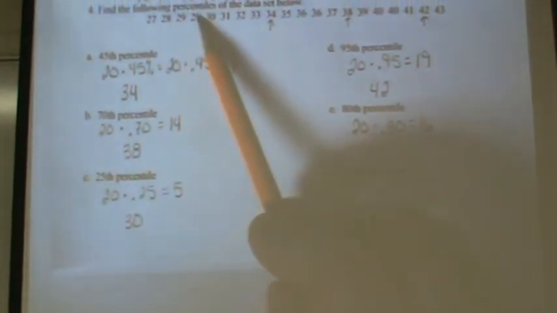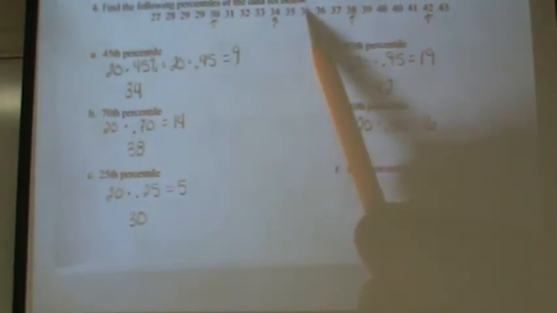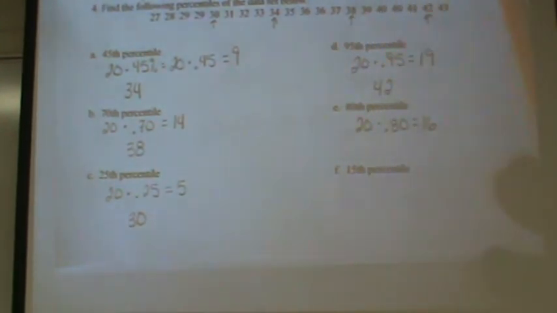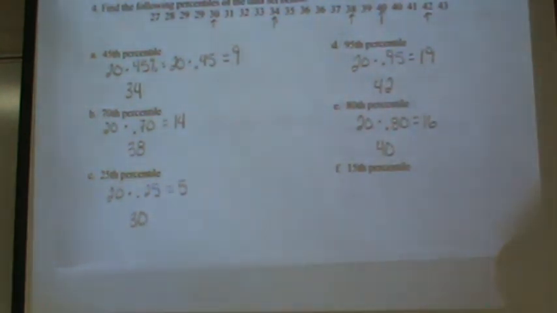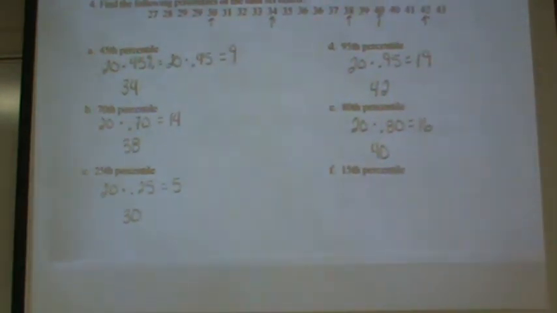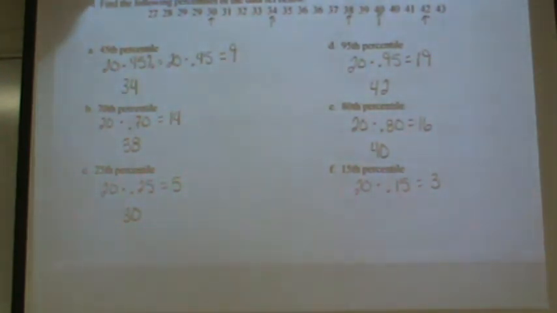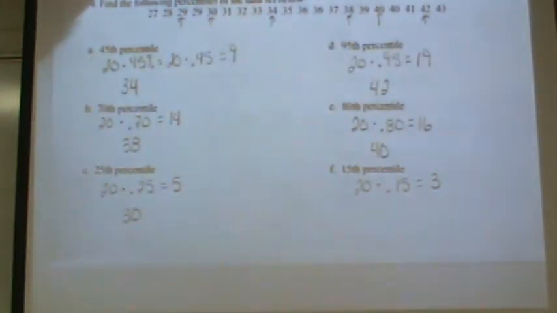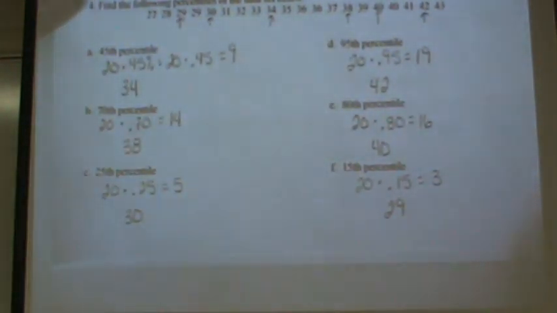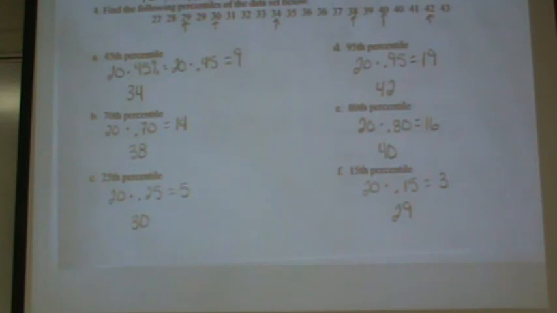So 1, 2, 3, 4, 5, 6, 7, 8, 9, 10, 11, 12, 13, 14, 15, 16 is our first 40. So 40 is the 80th percentile. And then finally F, the 15th percentile, is 20 times 0.15, which gives us 3. And our third number is 29. So 29 is the 15th percentile. And we're done.